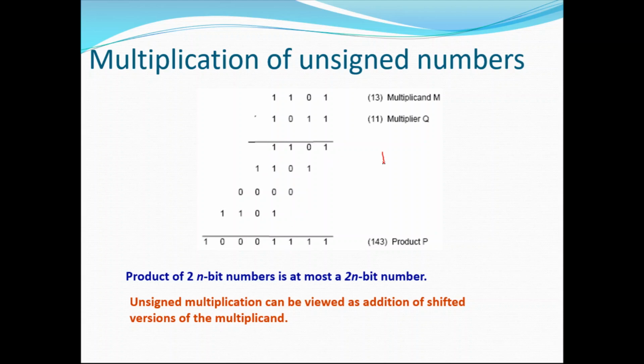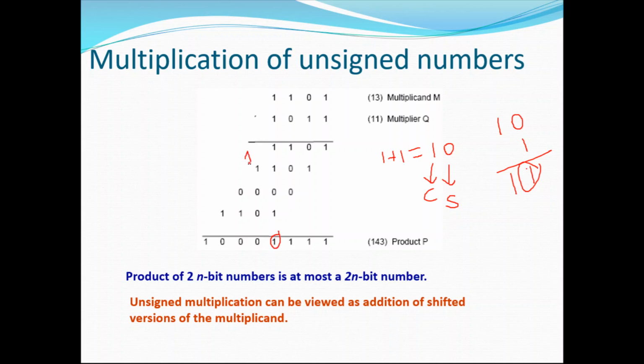In binary addition, 1 plus 1 is 10: the sum is 0 and the carry is 1. Again 10 plus 1 is 11, so the sum is 1 and the carry is 1. When you add three ones, you get sum 1 and also carry 1.